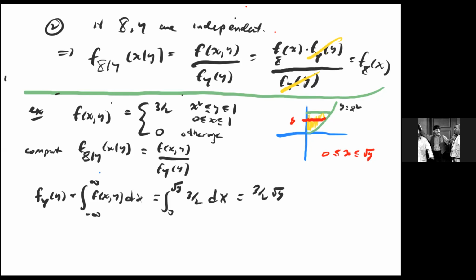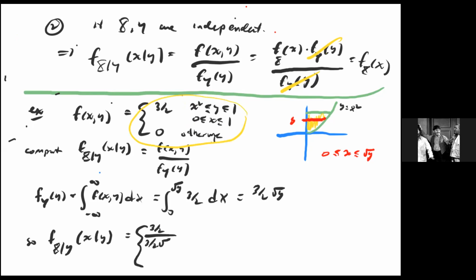So what does that tell us? That tells us that f of x conditioned on y at the point x y is equal to, the numerator is the joint distribution, and on this region that I've circled in yellow, it's going to be given by 3/2 over the marginal density function, which is 3/2 the square root of y, or in other words, 1 over the square root of y, if we were in the region.